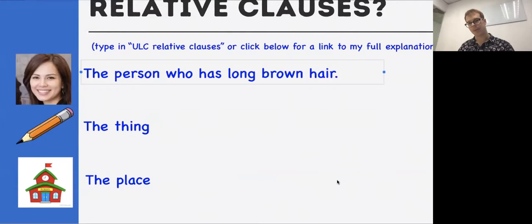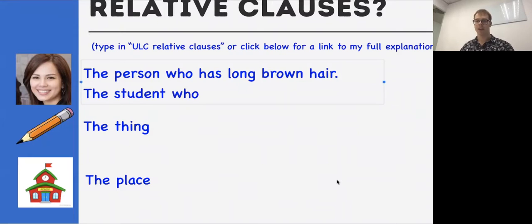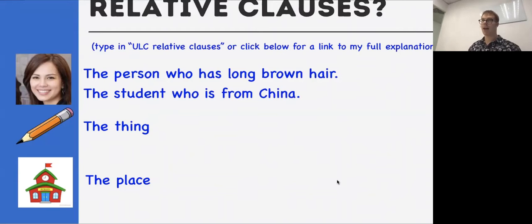Maybe I'm in class. I could say the student who is from China. I have students from Japan, China, India, Thailand, a lot of countries. So I'll say, oh yeah, the student who is from China. I'm giving you some more information. I'm helping you see which student from China. Oh, which student, which person? The person with brown hair.